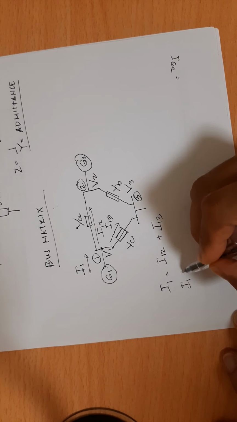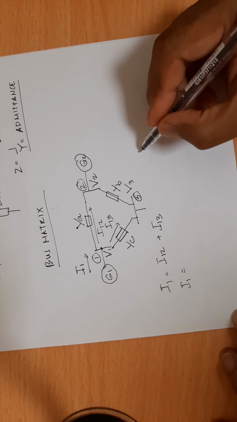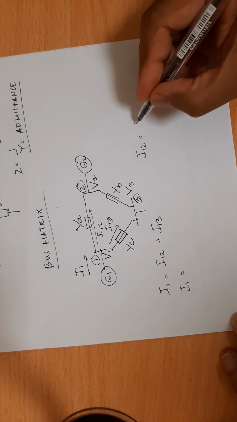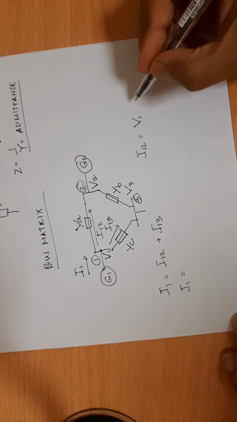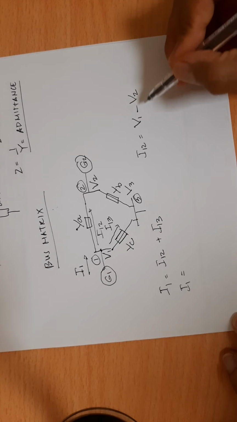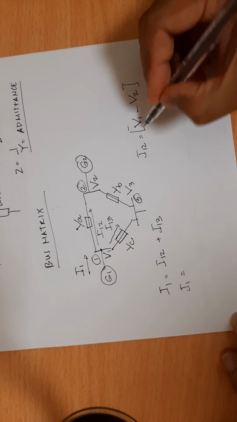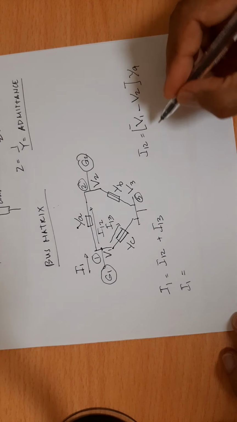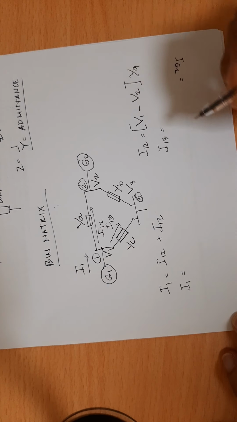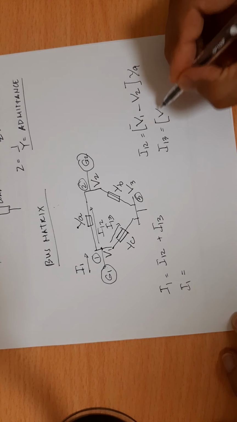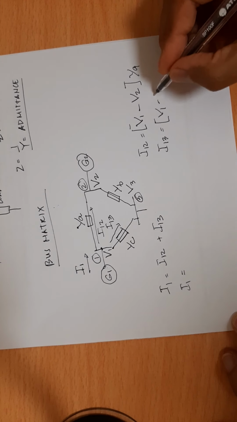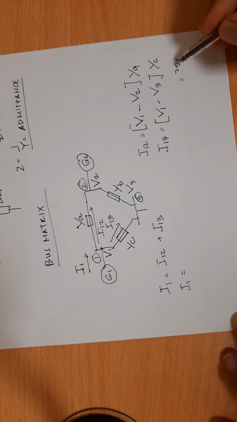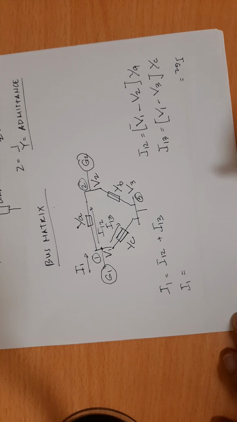I12 is equal to the voltage at bus 1 minus the voltage at bus 2 multiplied by the admittance YA. How about I13? I13 is equal to the voltage at bus 1 minus the voltage at bus 3 multiplied by the admittance YC.